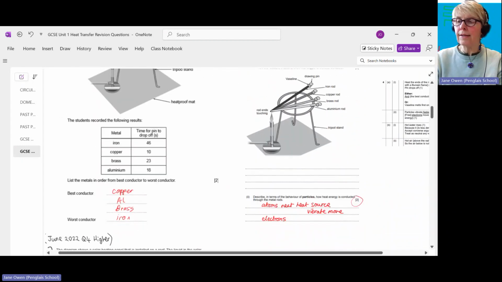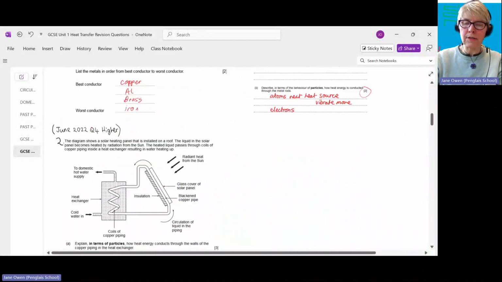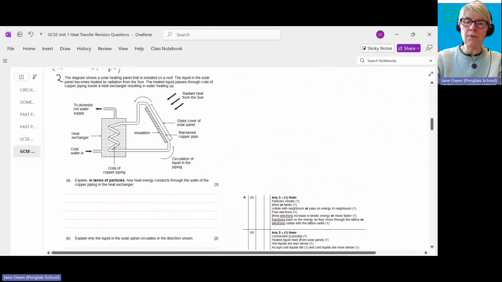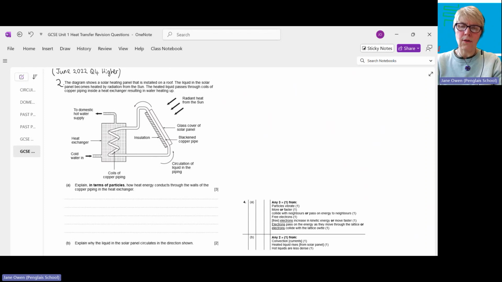Now I've added the mark scheme there if you need to have a look at more detail, but I'm going to move on because there are so many varied different questions. And this heat transfer module scores the worst scores out of all of the GCSE questions for Unit 1.